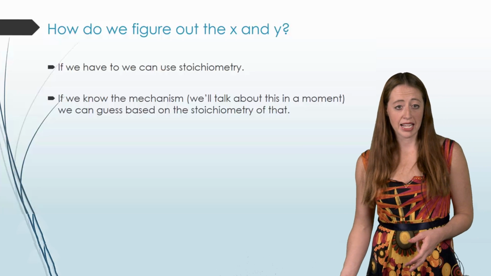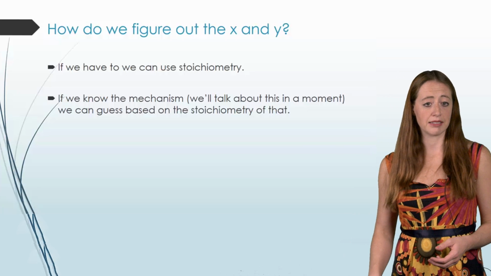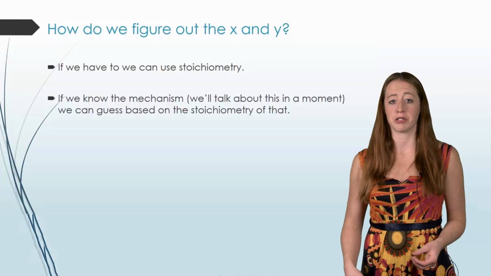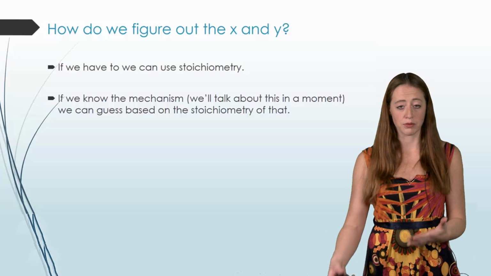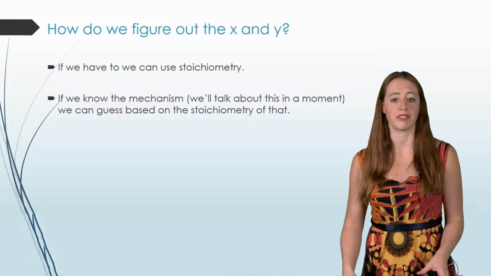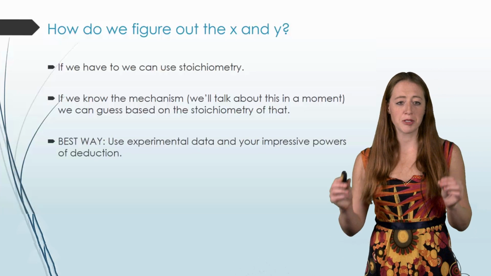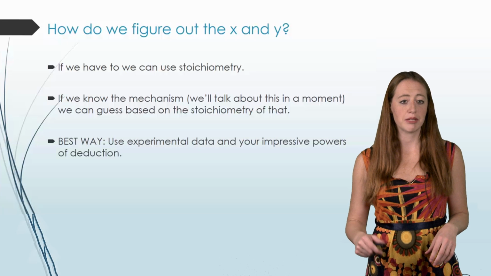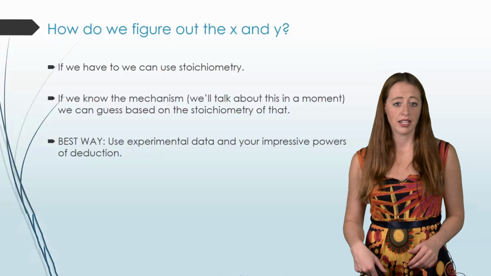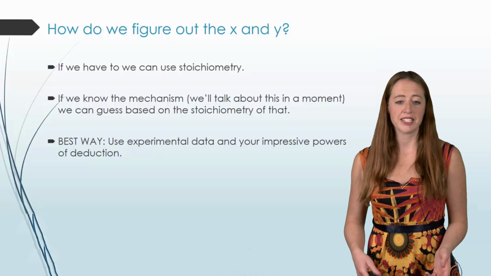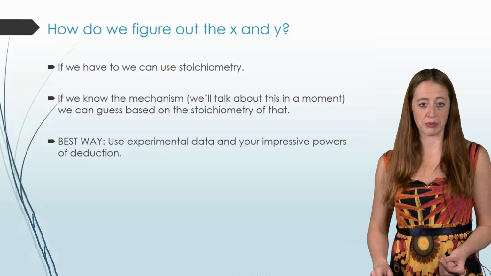What we'll learn next time is that if we know the mechanism, we can guess the rate law based on the stoichiometry of the mechanism and the rate limiting step and many things that we'll cover. That too has problems. So the absolute best way to do it is going to be to use experimental data and your impressive powers of deduction and some problem solving that I'll teach you how to do to figure out the actual 100% rate law.